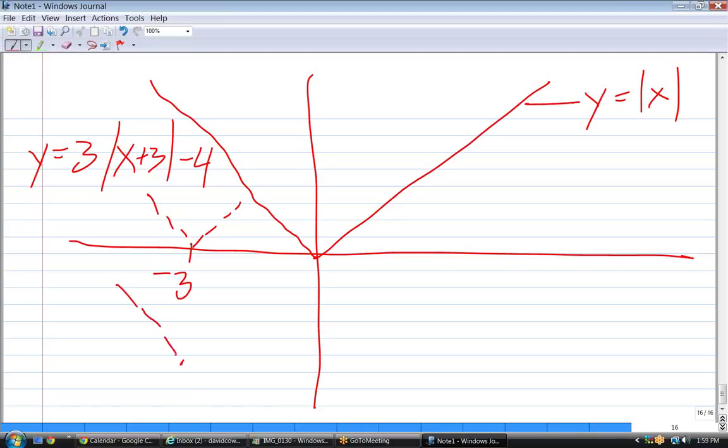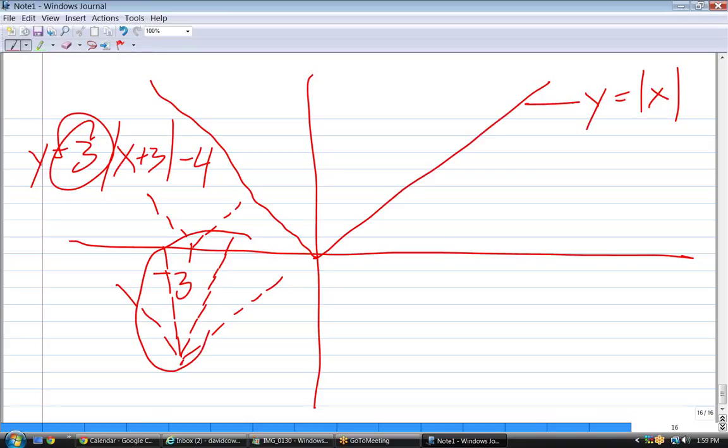Puts it like that. And the last thing is a vertical stretch by a factor of 3. So we know it crunches it up, but it crunches it up pretty severely. And there's your graph of that function.